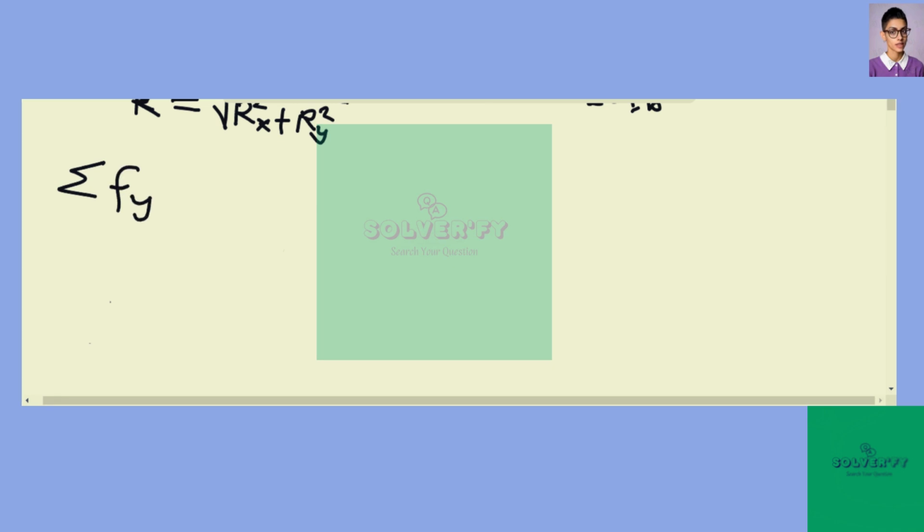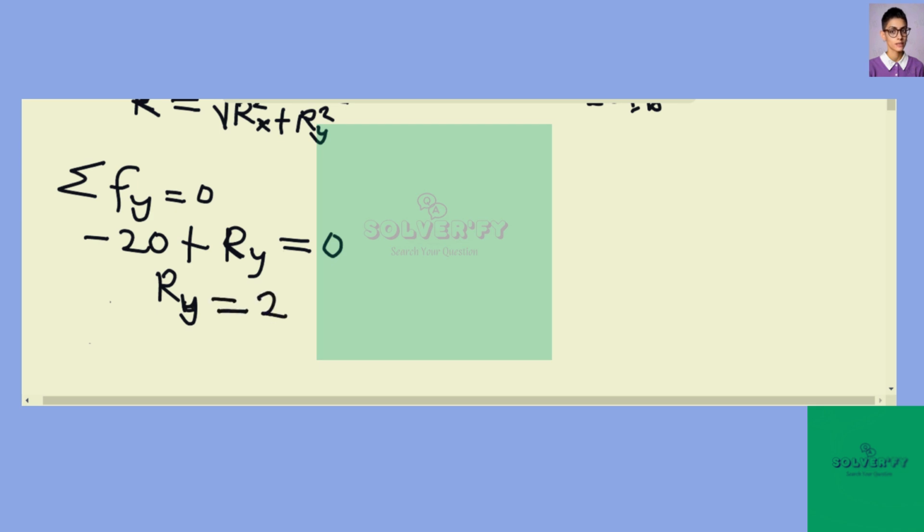We arrive at the forces acting: minus the 20 lb force plus the vertical component of R is equal to 0. When you solve this one, you arrive at this component being equal to 20 lb.